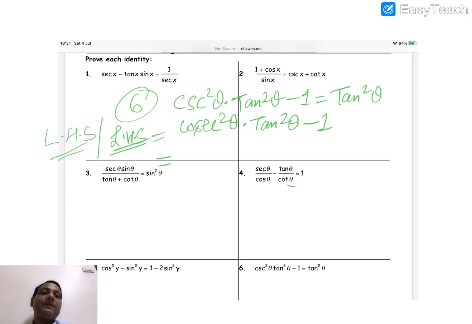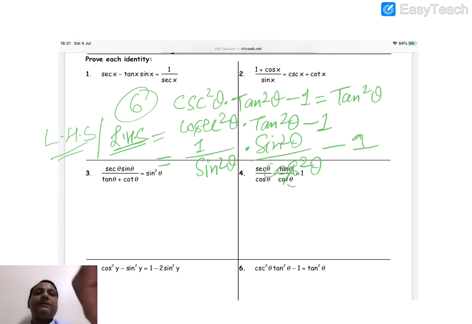You know very well cosec is 1 over sine, so we can write 1 over sine square theta, and tan square theta is sine square theta over cos square theta, minus 1, right.